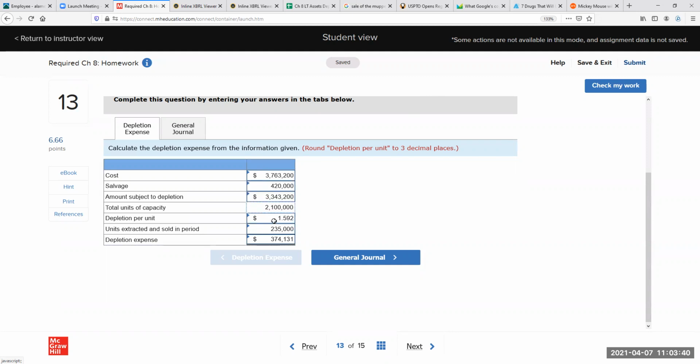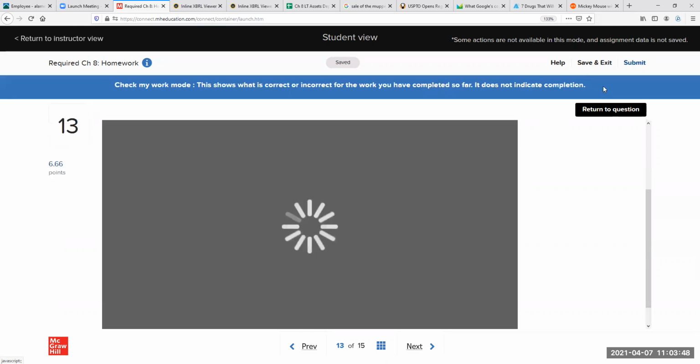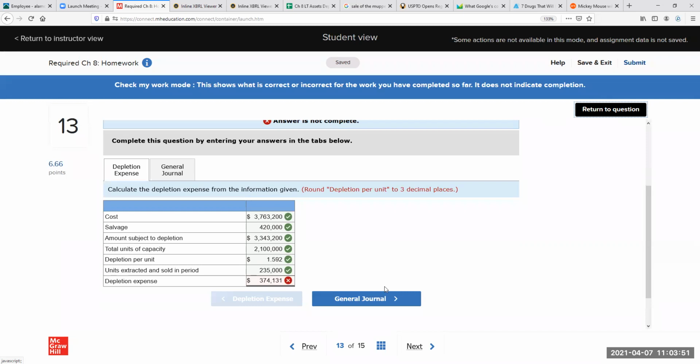And then that divided by the capacity is $1.592. So that ended up being the same. Let's check now. $1.592.